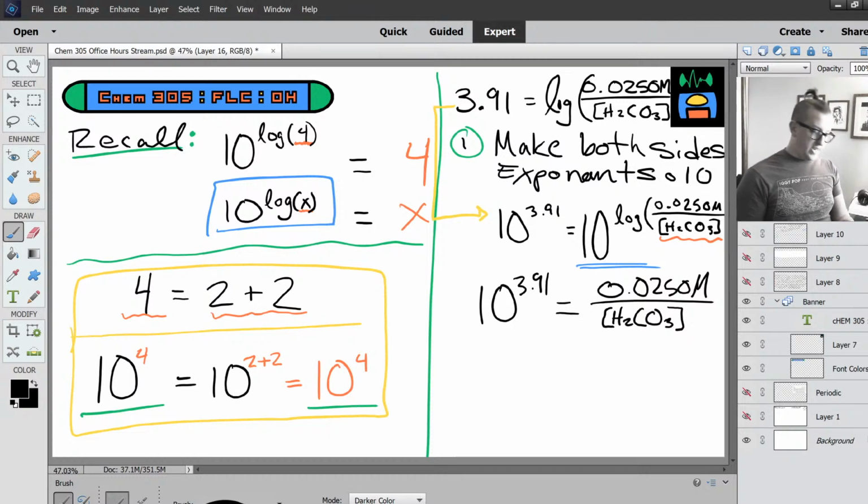We can use our calculators to determine what 10 to the power of 3.91 is, using that 10 to the x button. So this is 8,130. Don't really worry about sig figs for these exponential problems.